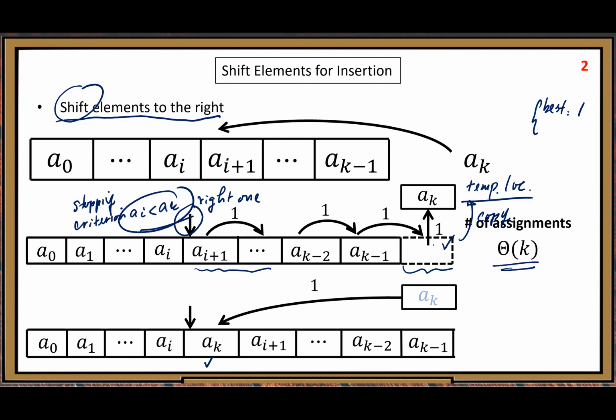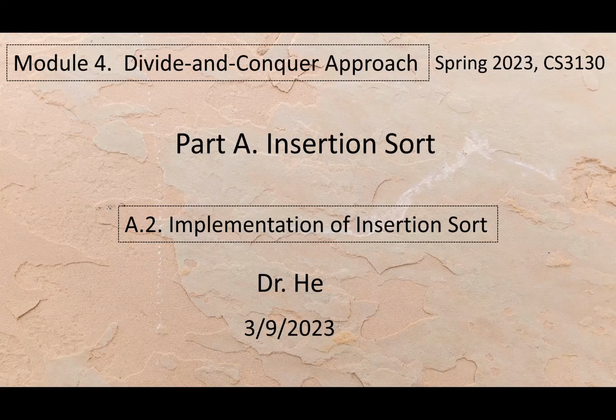Insertion completes. But in the worst case, you need to compare with all the elements in the current array. That's k comparisons. But if we use the asymptotic notation, we can use big theta of k.